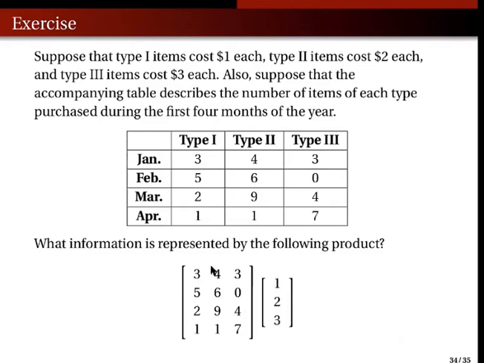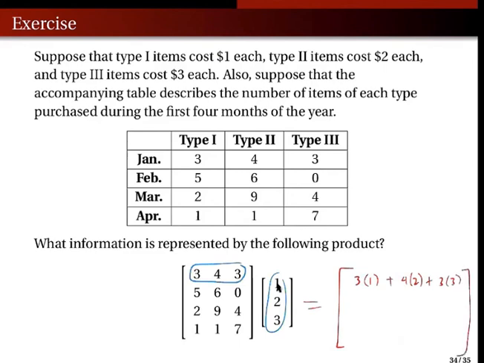So if you multiply the product, you should observe that, for example, in the first row, you will have 3 times 1 plus 4 times 2 plus 3 times 3. Okay? So let us look at that first row only.